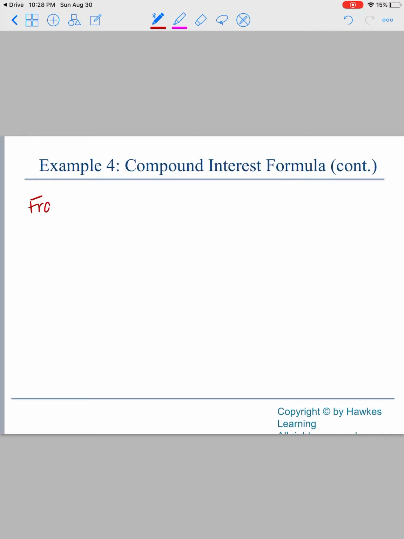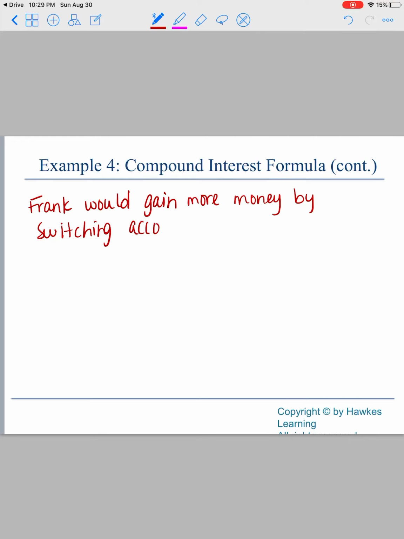So Frank would gain more money by switching accounts because the interest rate is higher.